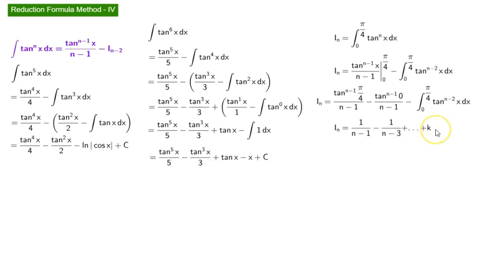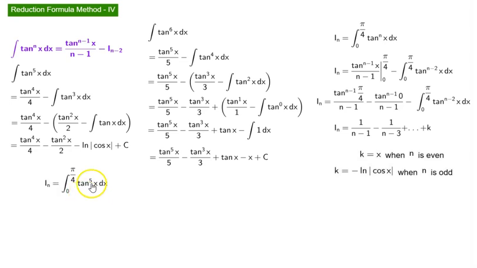So signs keep alternating. We keep repeating this till either the numerator or denominator, in this case only the denominator, becomes less than or equal to 0. And then we tag one additional k, where k is equal to x when n is even and k is equal to minus natural log of cos x when n is odd.